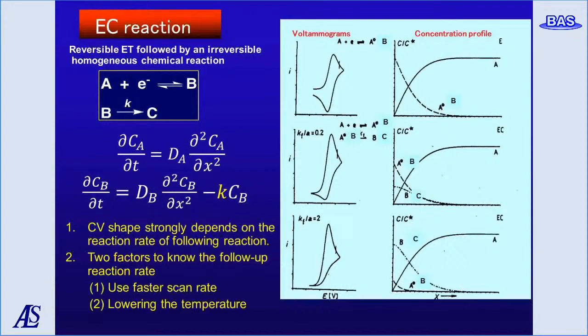Further, by lowering the measurement temperature, you can slow down the follow-up chemical reaction. So, we also have a chance to get the reverse peak. Once you observe the reverse peak, the homogeneous reaction rate can be estimated.